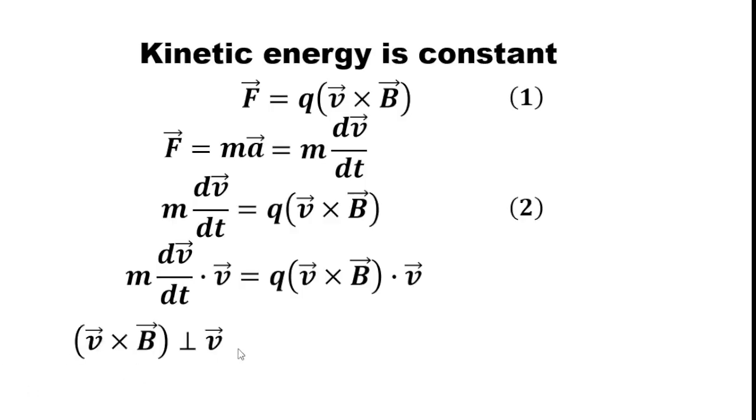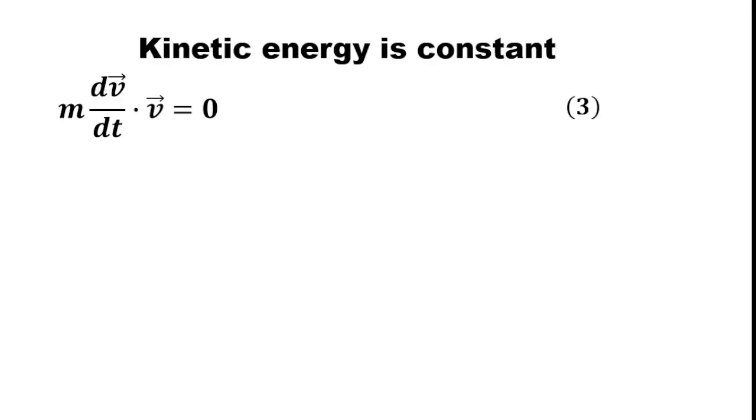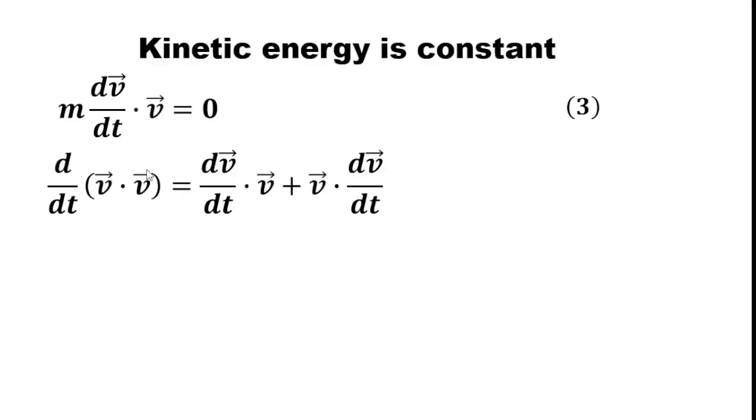And we also know that the dot product of two perpendicular vectors vanishes. Therefore, (v cross B) dot v is equal to 0, and we are left with what is shown in equation 3. Now we consider this term, the time derivative of v dot v.